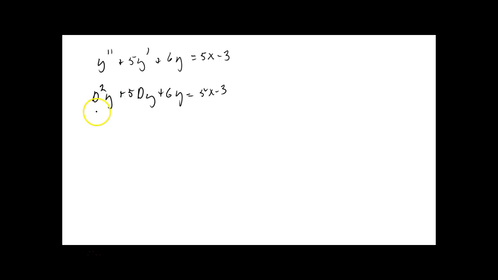Or you can factor out the y, and you just have d squared plus 5d plus 6 times y is equal to 5x minus 3. Again, it's just playing around with the representation.